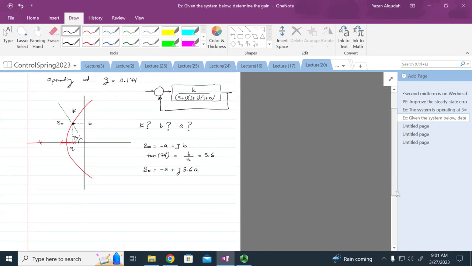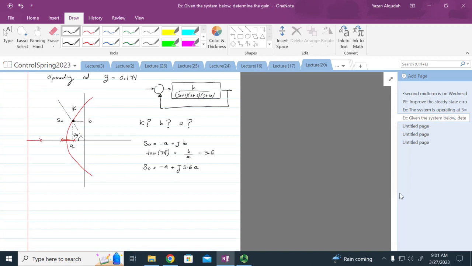Okay. What other information do we have about S0? What else do we know about S0? S0 is part of the root locus. If it's part of the root locus, what does that mean? It satisfies the characteristic equation.